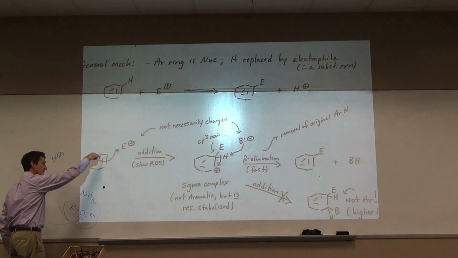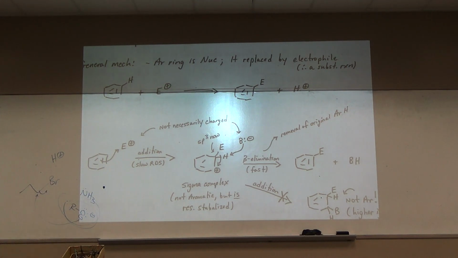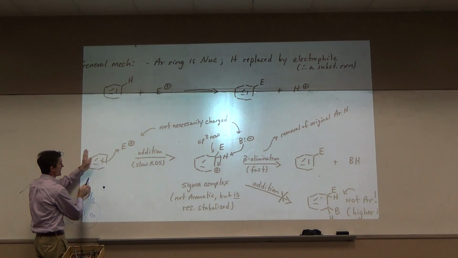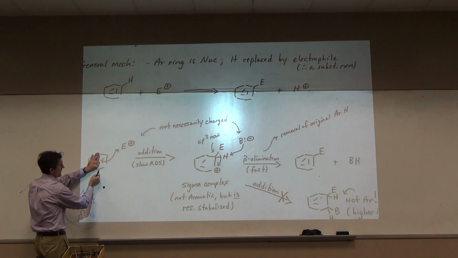Now, it's not as reactive as a regular alkene. So we may have to heat this longer and at a higher temperature or provide a catalyst, but it still will do it. We'll talk more about reactivity, but we're just going to react here.